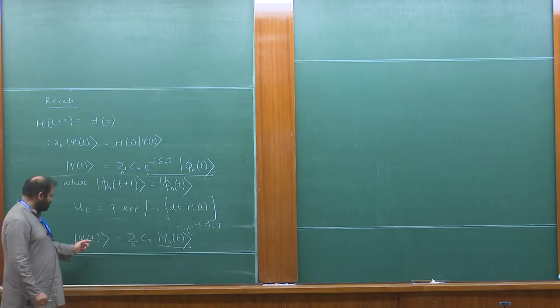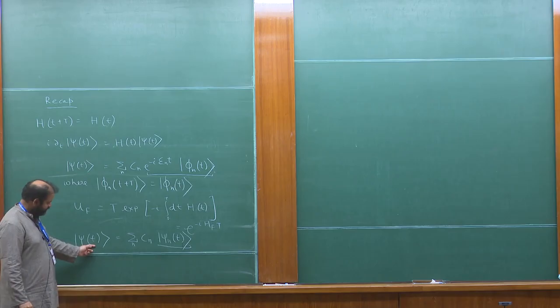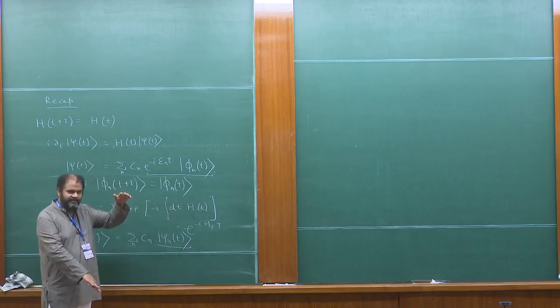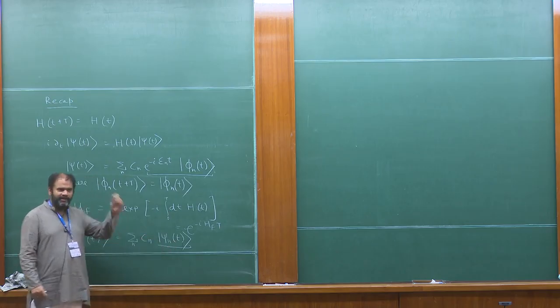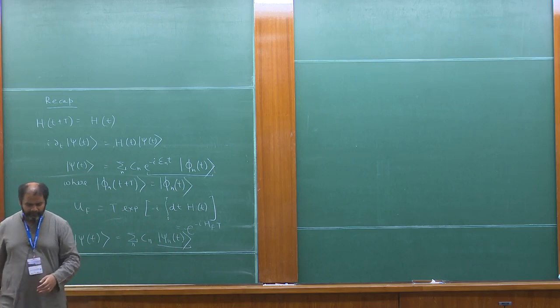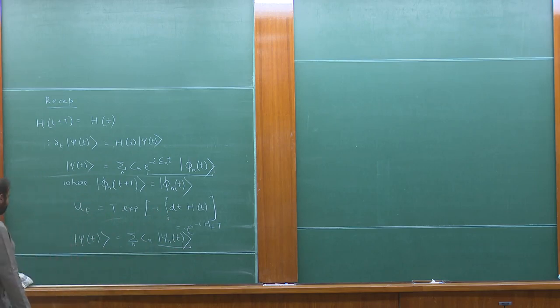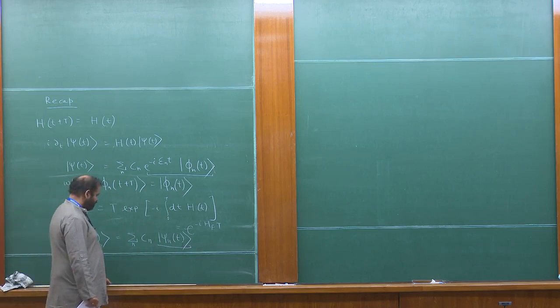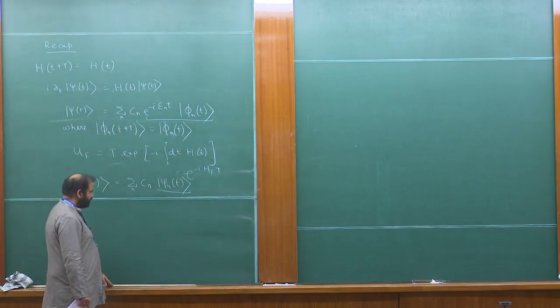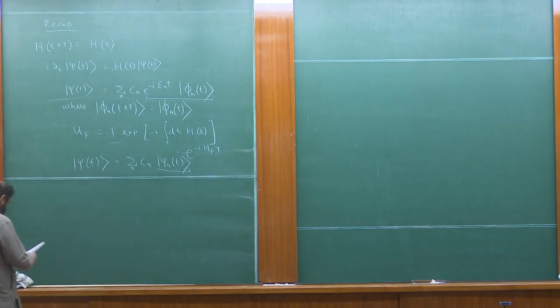Because any generic state, I'm decomposing into this basis of states. So each element of this basis is a solution to the Schrödinger equation. So let us then explore the property of this state further.